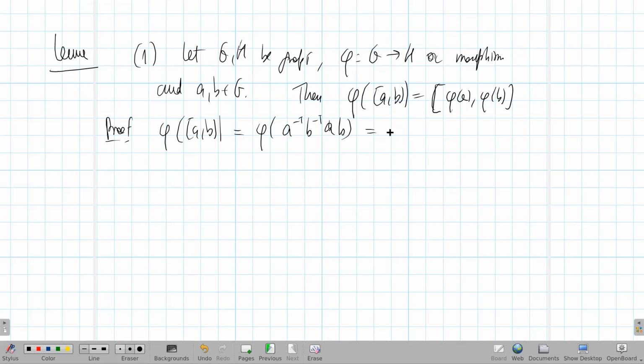So this becomes simply the following, okay? Because it preserves products, it's the product of phi of the single elements. Phi of A inverse is nothing other than the inverse of phi of A. And of course, this is exactly this commutator. So commutators preserve their form under morphism.